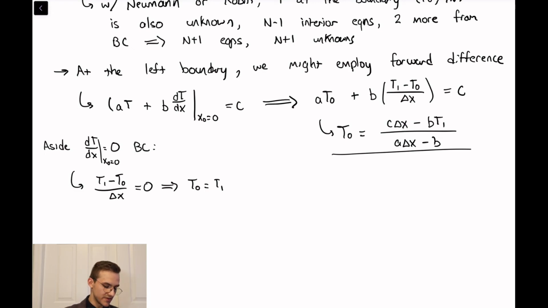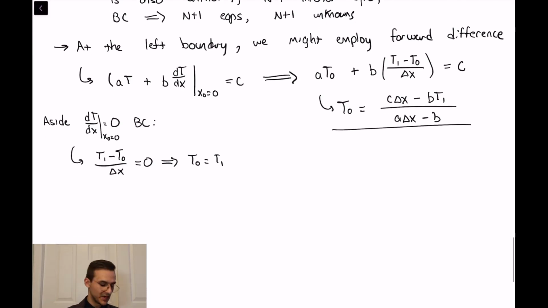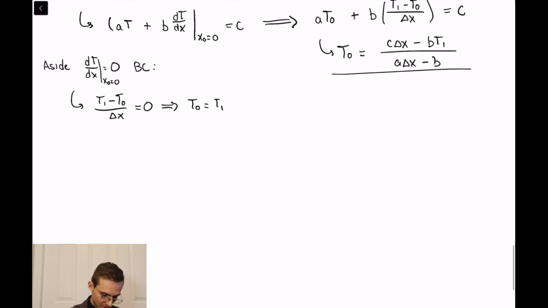But we'll proceed with this Robin boundary condition T naught over here on the right side, simply because it'll be more helpful for you to see that in the overall system. Okay, so let's actually employ this Robin boundary condition modification to the aluminum bar problem.